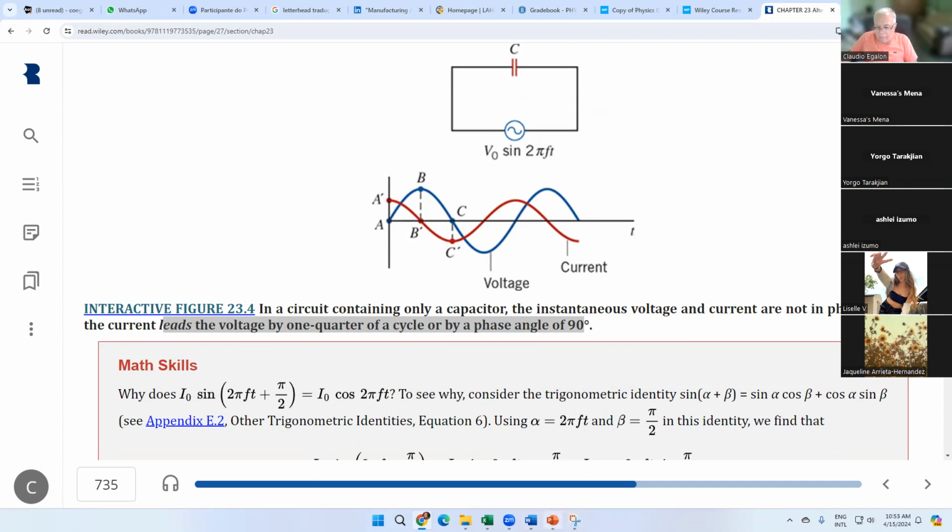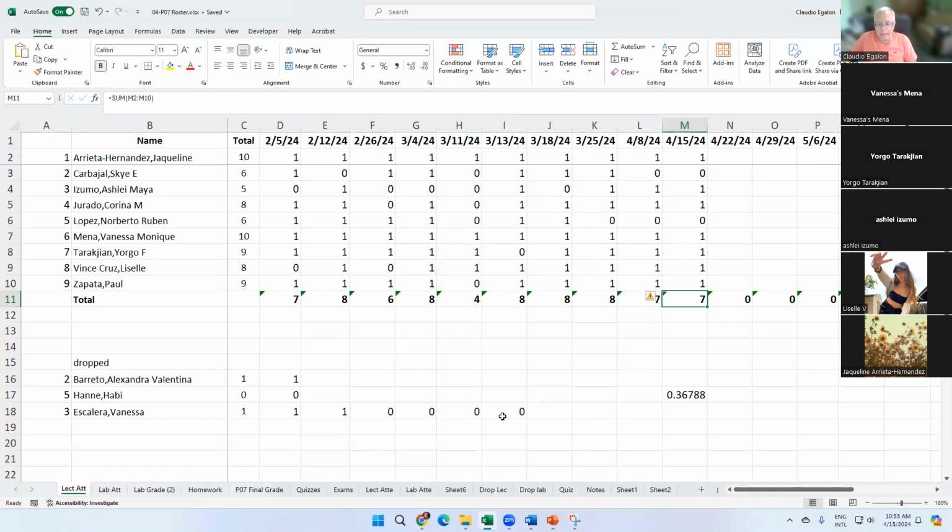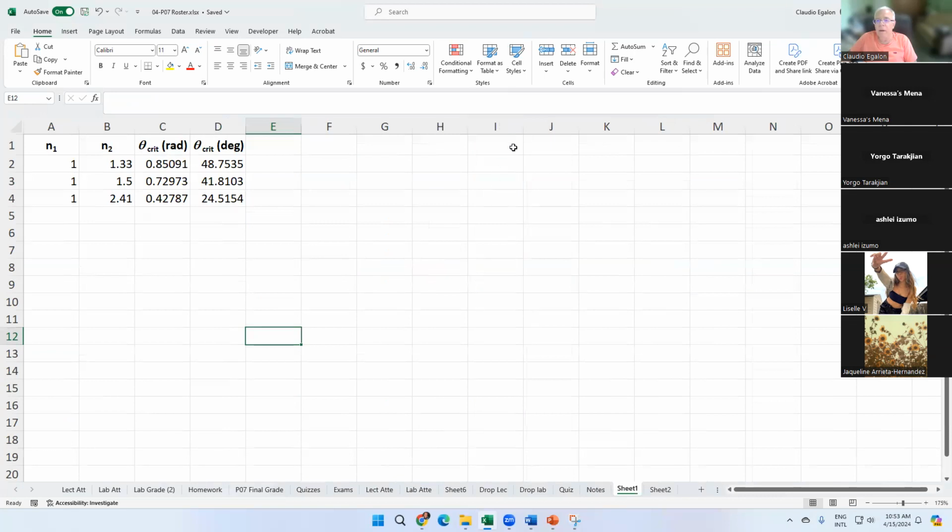Yeah, what I'm going to do is plot it here in Excel so you can see the same graph that you have. This one right here, right? So here you go.